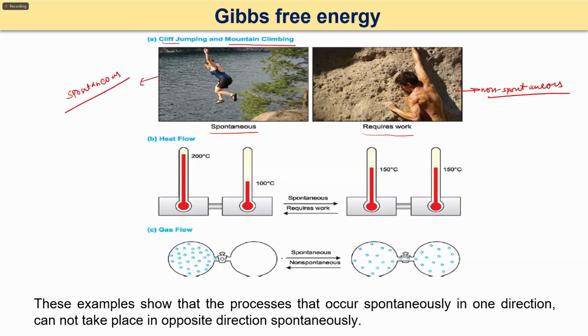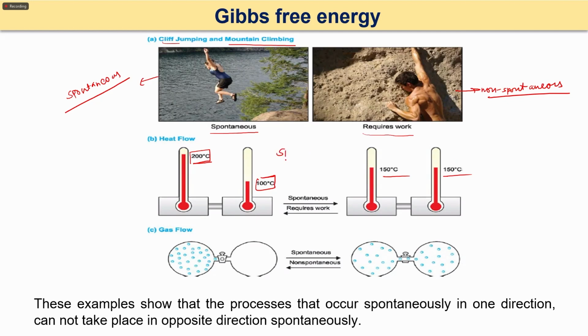Let us see the next example, which is heat flow. Let us say this one is at 200 degrees Celsius and this one is at 100 degrees Celsius. If you leave the knob open, what will happen? The heat will flow from higher temperature to low temperature, as we have studied. They will reach an equal temperature of 150 degrees Celsius.